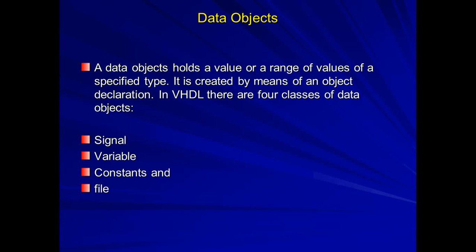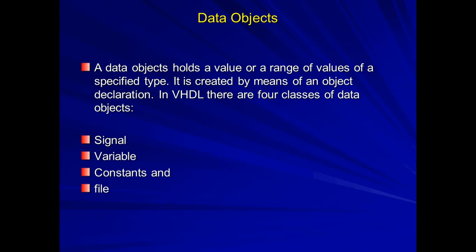Data objects play a very important role while writing VHDL code because they hold a value or range of values of a specific type, like integer, float, array, bit type, or standard logic type. These are nothing but examples of data objects.